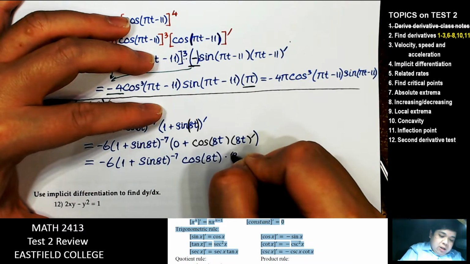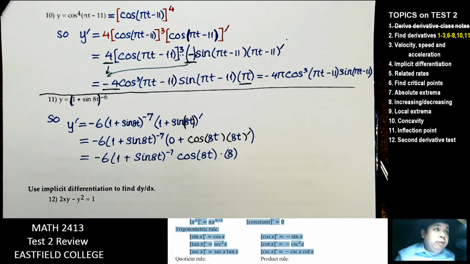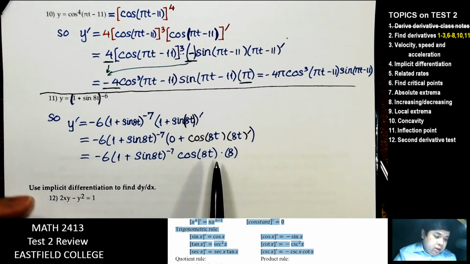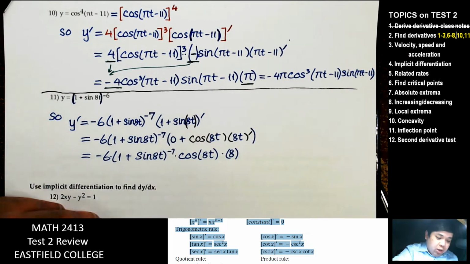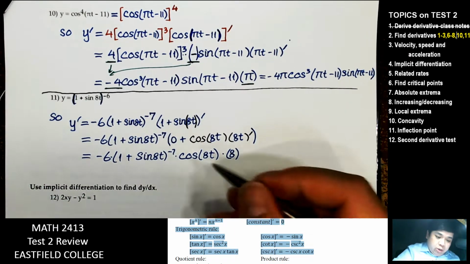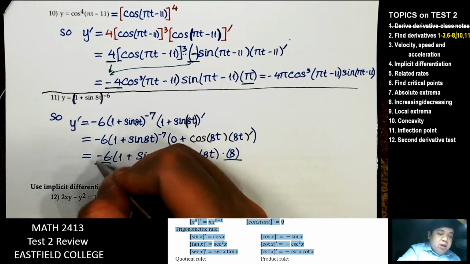Notice all of these are just multiplied all together, just one term. So all the constants can be put out here so it's easier to see. All are multiplied, so we group the 8 and the negative 6 together.